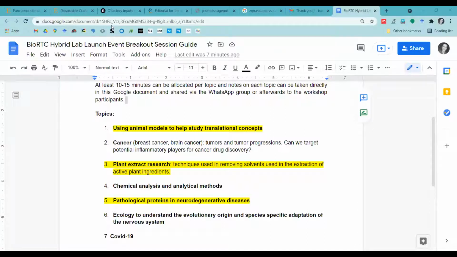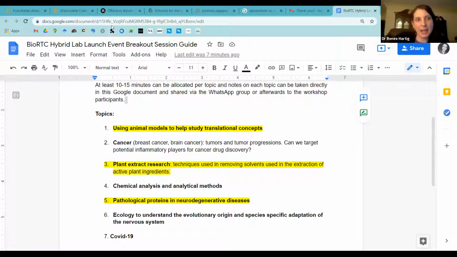So we have a comment by Royhan in the chat about systemic toxin injection models or intracranial injections. Which do you think is best for translational research close to clinical outcomes in neurodegenerative diseases? Would anybody like to answer that question? We have a hand raised by John. Would you like to answer that question perhaps?